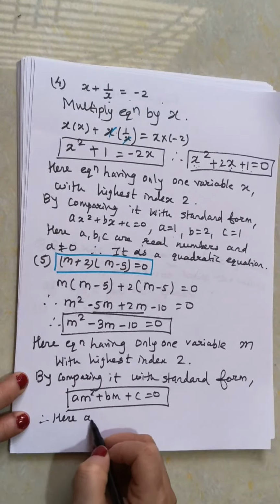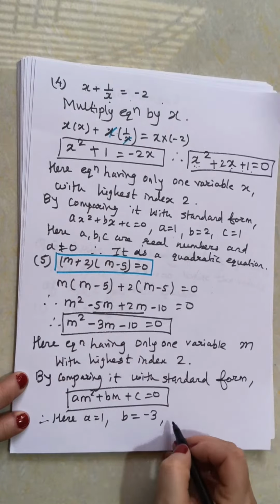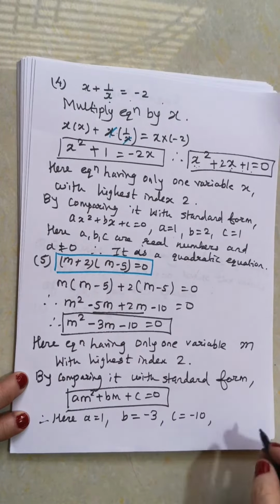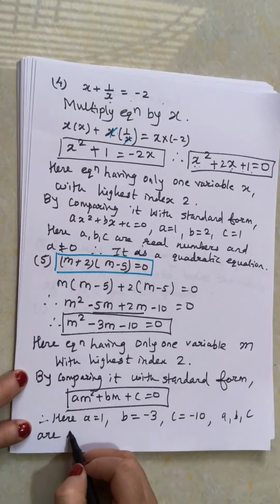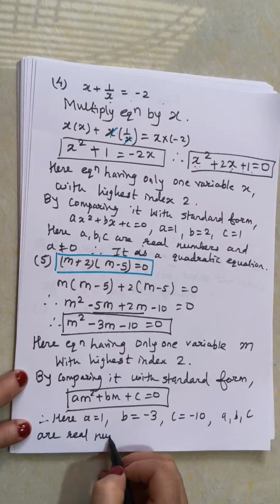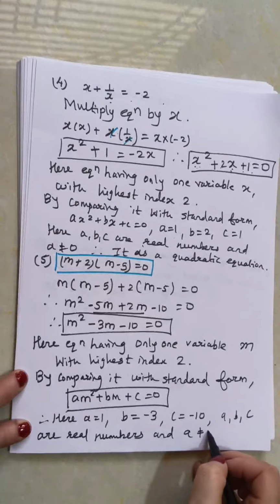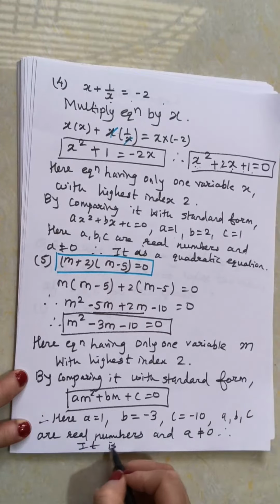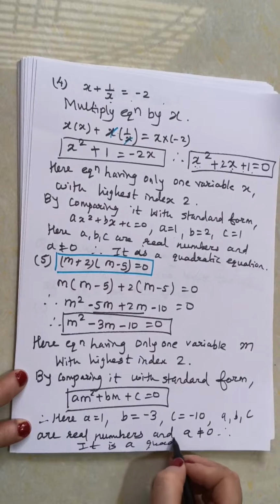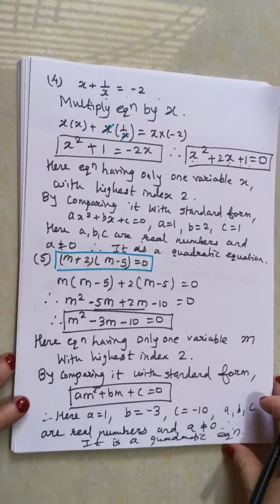Here A is 1, B is negative 3 and C is negative 10. So A, B, C are real numbers and A is not equals to 0. Therefore, it is a quadratic equation.